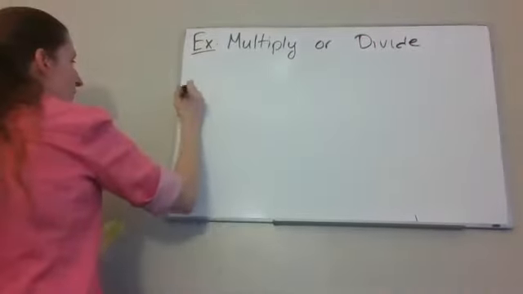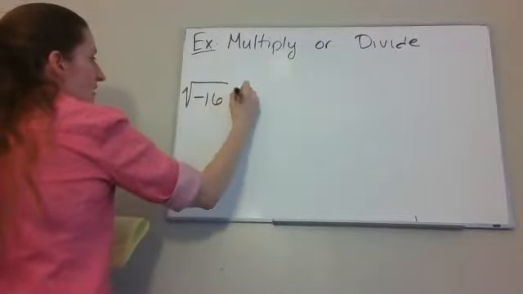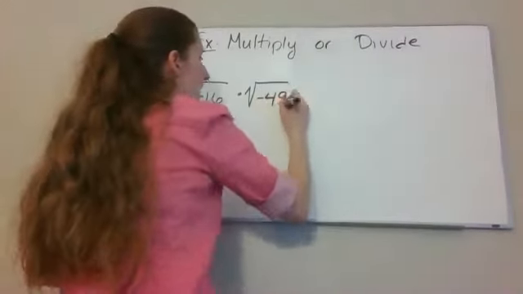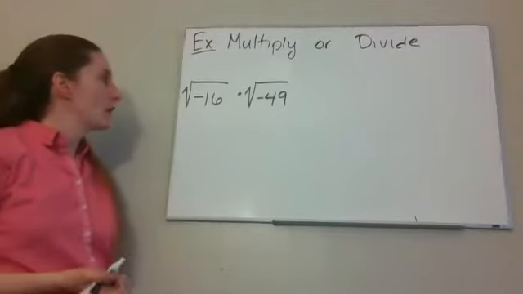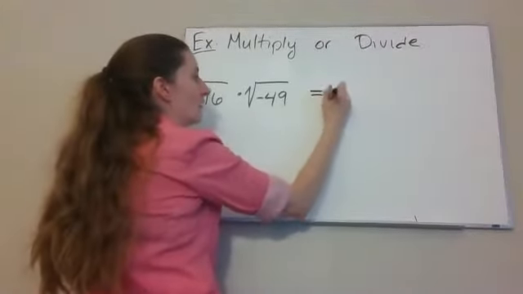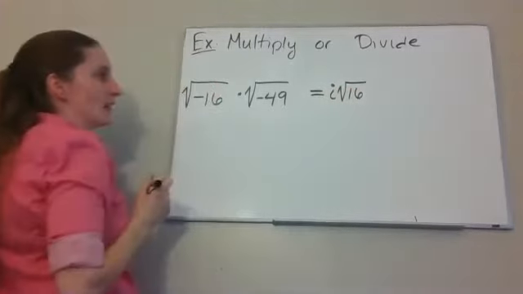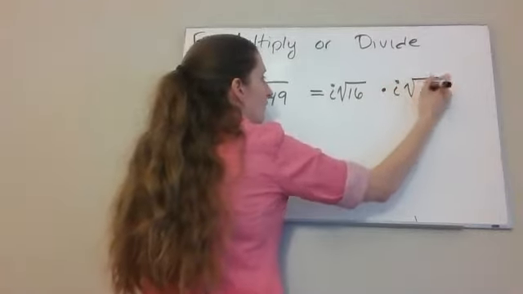And our first one is going to be the square root of -16 times the square root of -49. And you should try to simplify the roots first when doing this. So the square root of -16 we know is i times the square root of 16. And the square root of -49 would be i times the square root of 49.